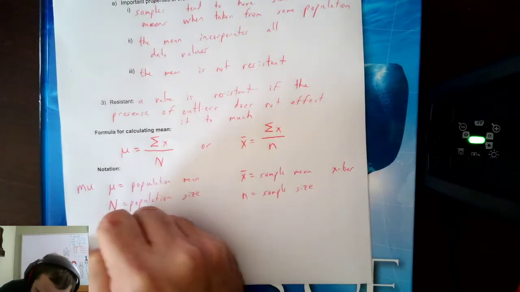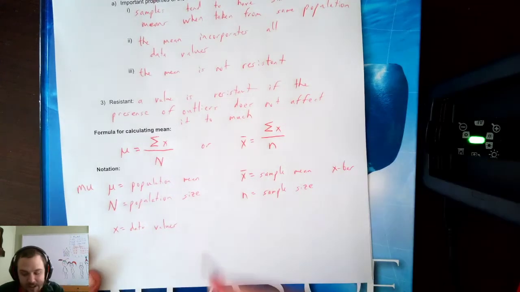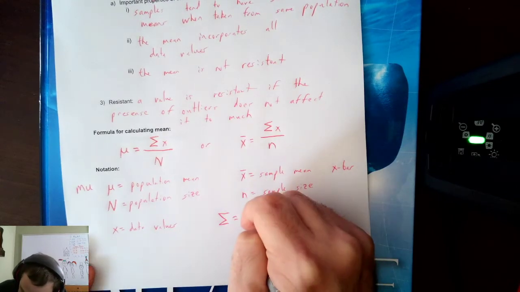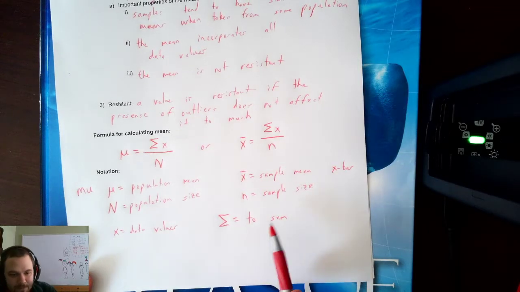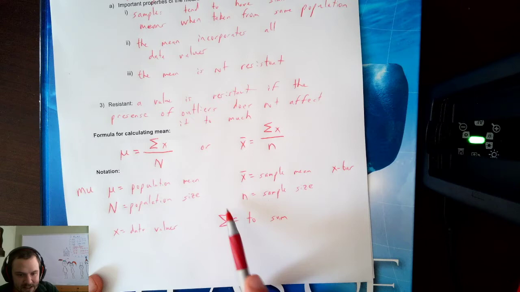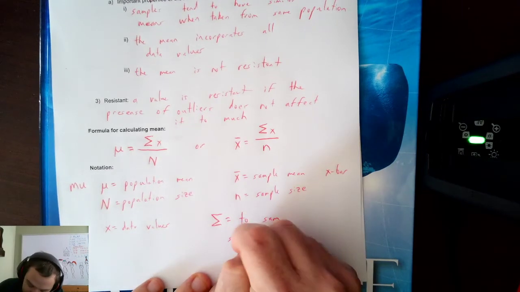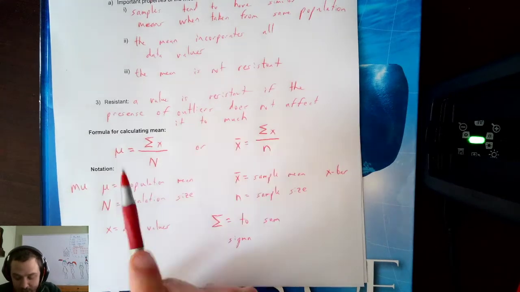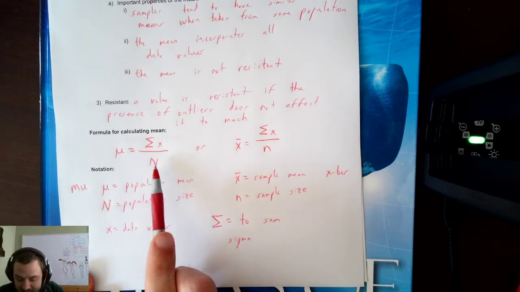Now, x is data values. It's just a placeholder for the data values, and sigma is the symbol to sum. It means to sum. If you've ever used Microsoft Excel, you might have seen this symbol before because this is the button that adds up all the numbers. That's what it means. It's pronounced sigma. So, mu, the population mean, is equal to the sum of the data over the size.